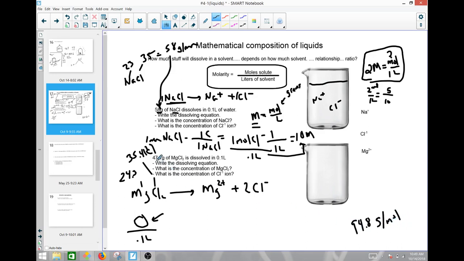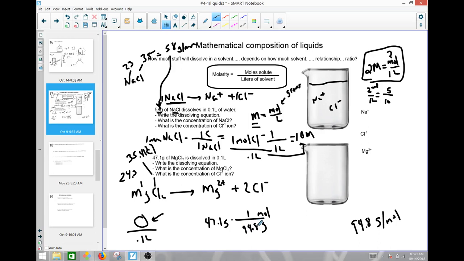I got 47.1. So here we go. We'll do 47.1 grams, dot line, get rid of grams, go to moles. 1 mole weighs 94.8.